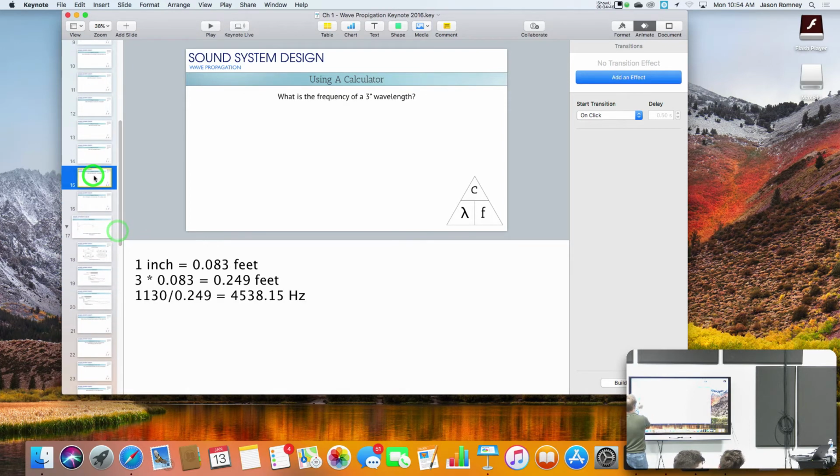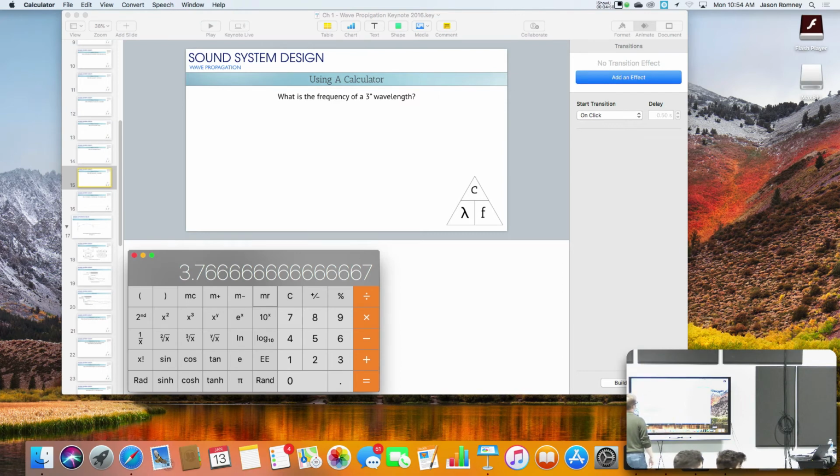What else we got here? Okay, frequency 3-inch wavelength. So this is the sequence of threes. We did 3,000 hertz. We did 300 hertz. 3 inches. How do we do inches? Multiply by 12. Wait.